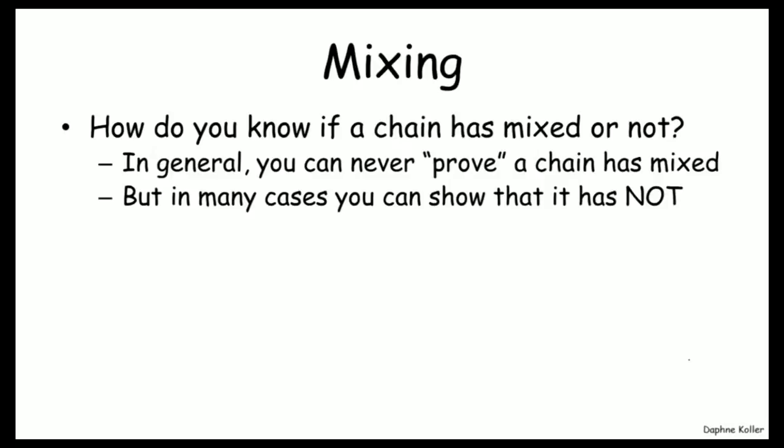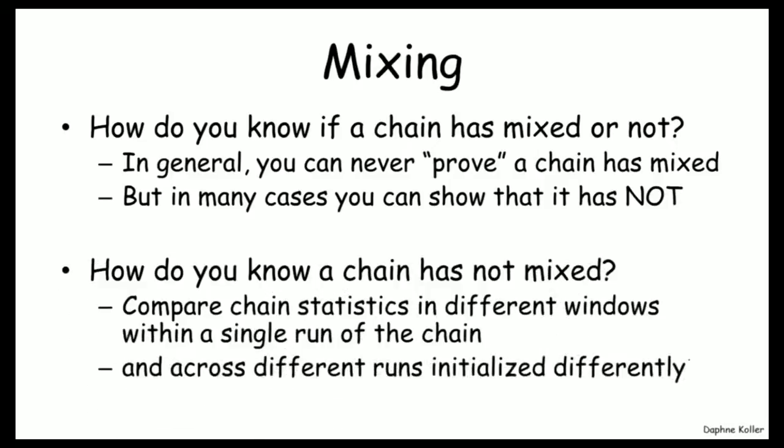So how do you convince yourself that a chain hasn't mixed? You compute chain statistics, and we'll show some examples of that in a moment, in different windows within a single run of the chain. So for example, here I have a single run of the chain, and I run for a while, and then I look at little windows. Usually they won't be this small.